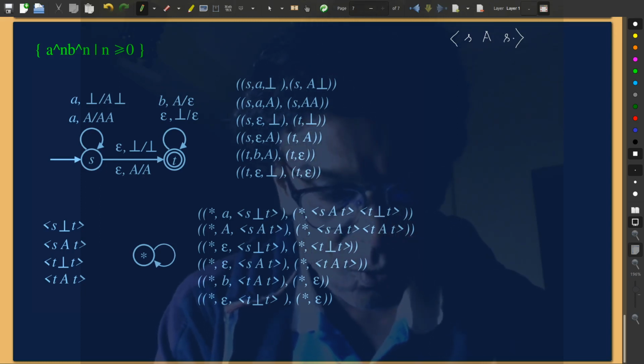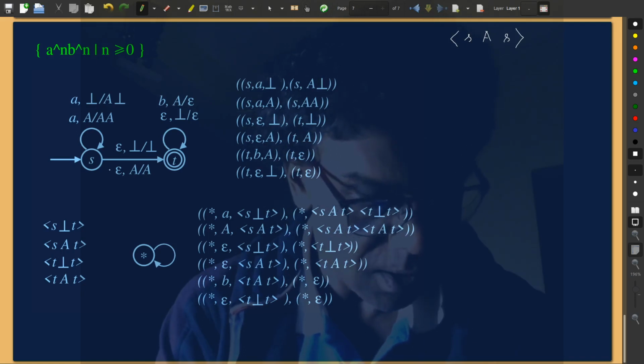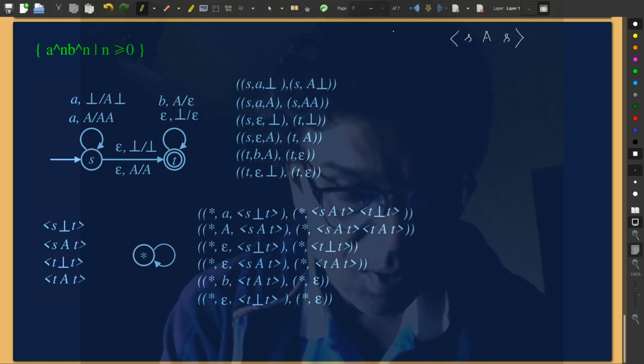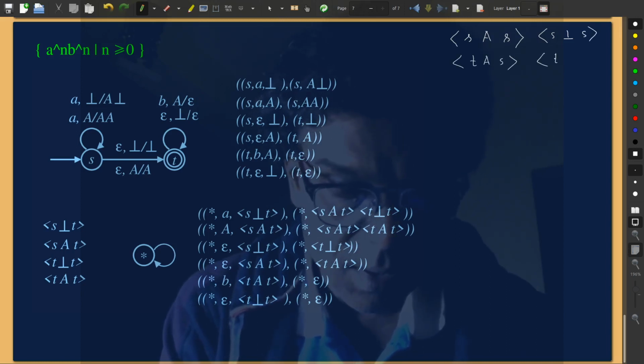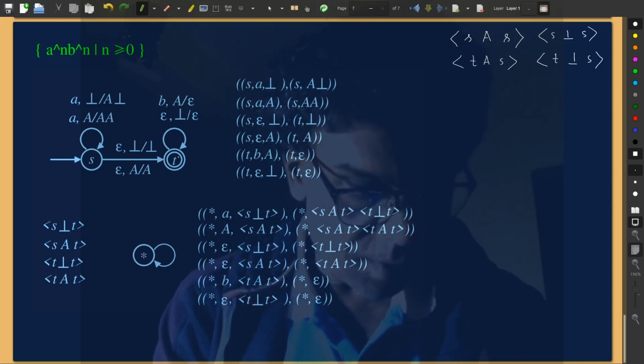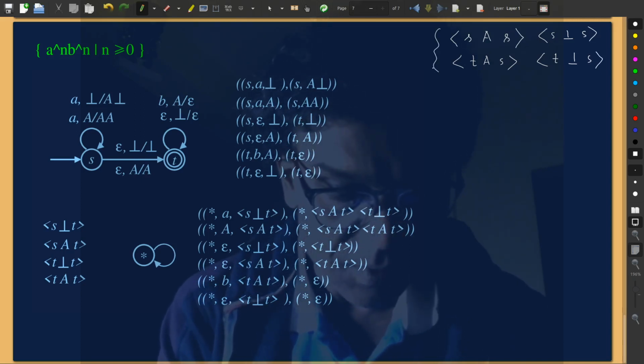So these are actually useless stack symbols. This will not take part in the working of this machine. Therefore, I can get rid of S, T, A, S, and T, S. In fact, you also see that from T, you can never end up in S. So these are useless.